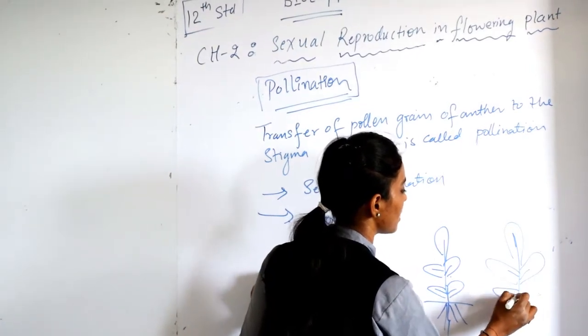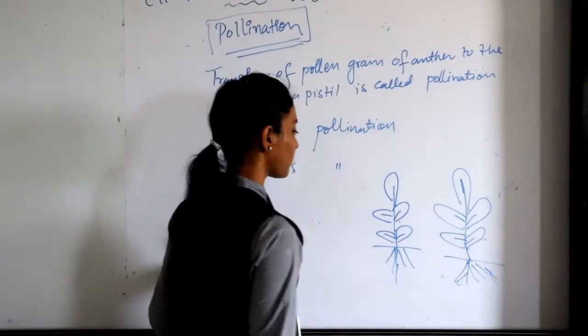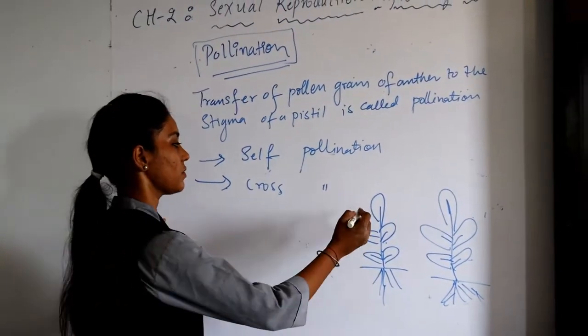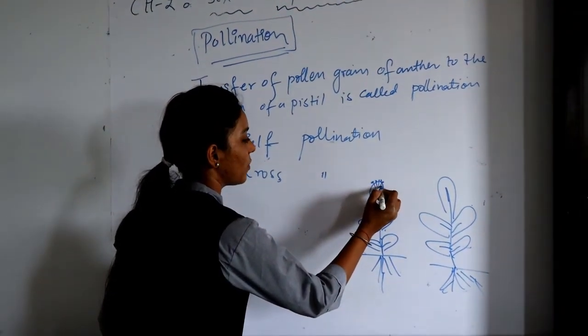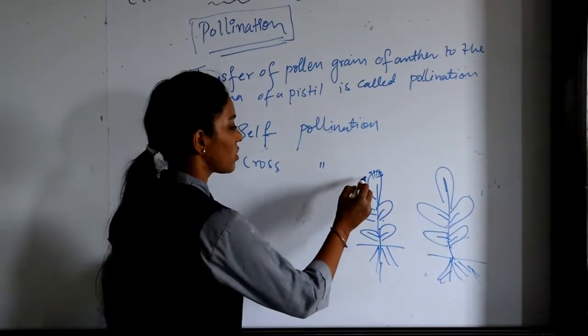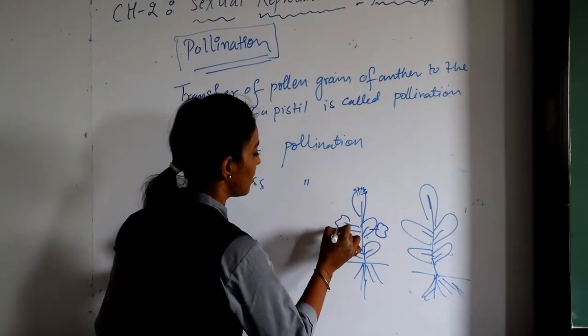Suppose we consider this as a plant and over here its roots and all. So what is self pollination? Suppose here the pollen grains are landing upon the stigma. So transfer of pollen, this is having a flower in it. Okay.